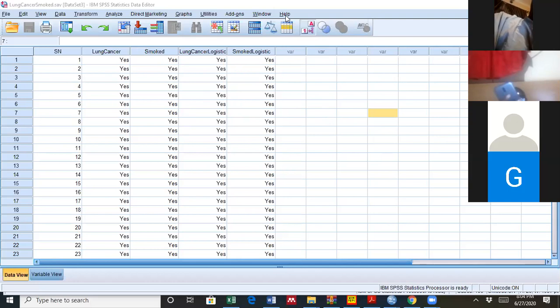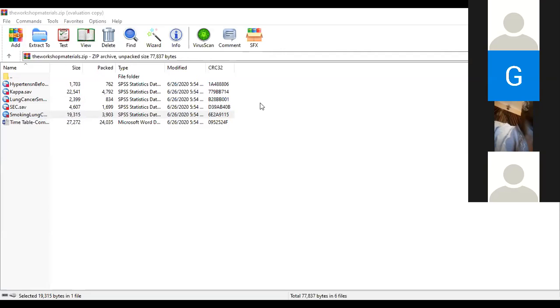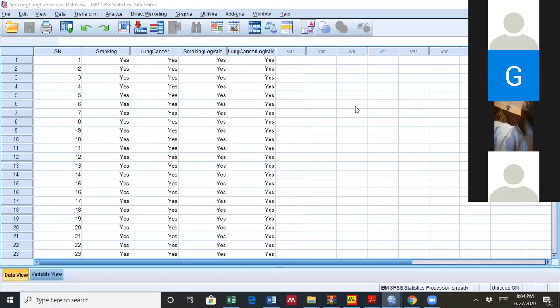It's not this one. Go back. There are two files. There's smoking lung cancer and there's lung cancer smoke. It's smoking lung cancer. Yes, that's the one. It's the last one, the one you are clicking. Yes, that's great.